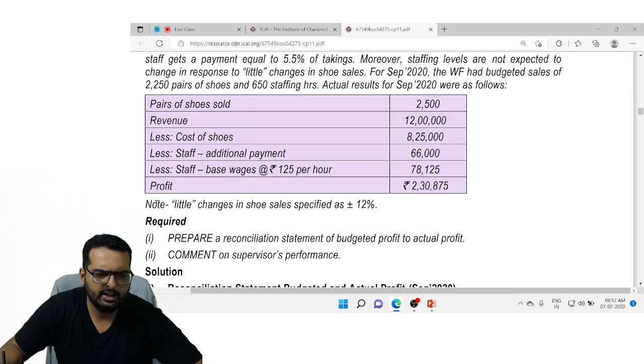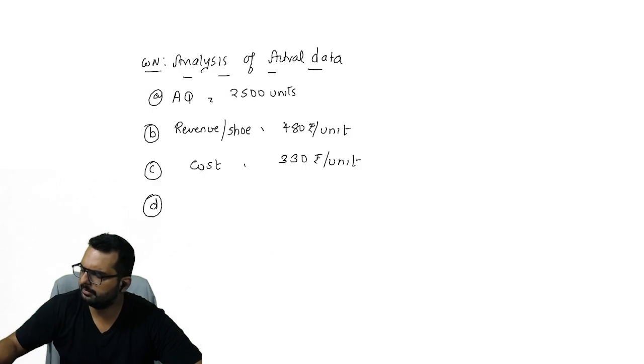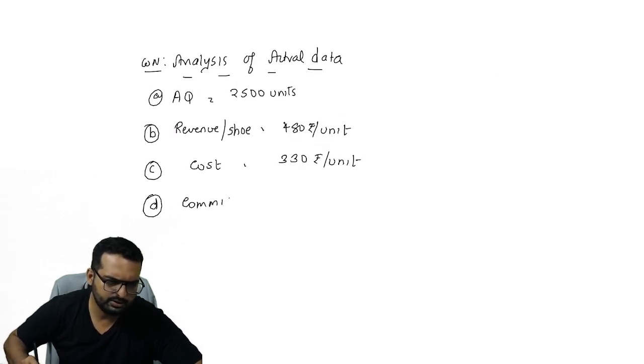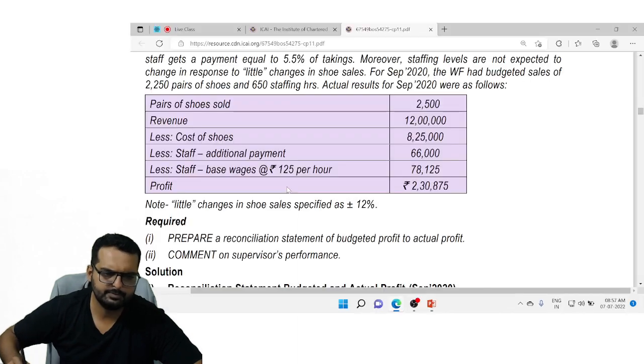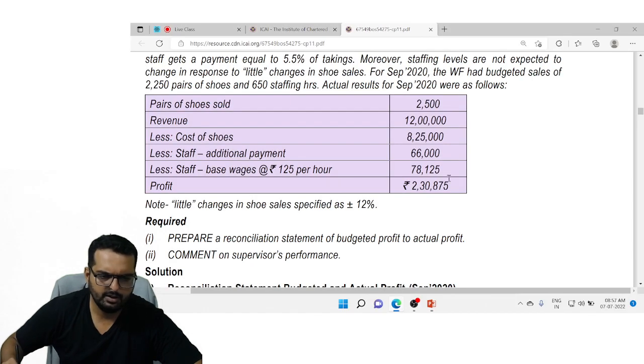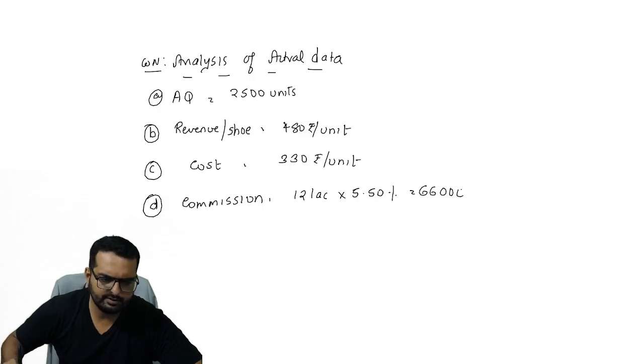330 rupees per unit. The other two things are fixed cost. So that additional payment must be the commission. Just check 66,000 divided by 12 lakhs. 5.5% commission. That's what they had told. So I'll write down commission is equal to 12 lakh into 5.5%. That is equivalent to 66,000.